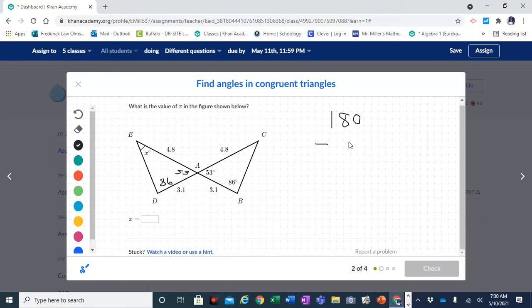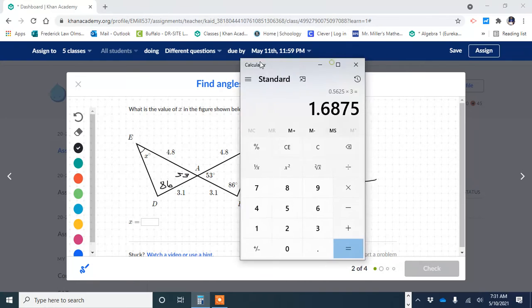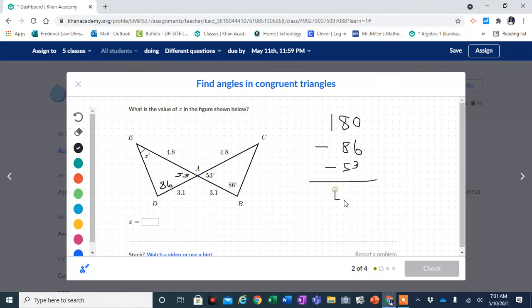So we need to do 180 minus 86 minus 53. And I need a calculator for that. So it should be 41.